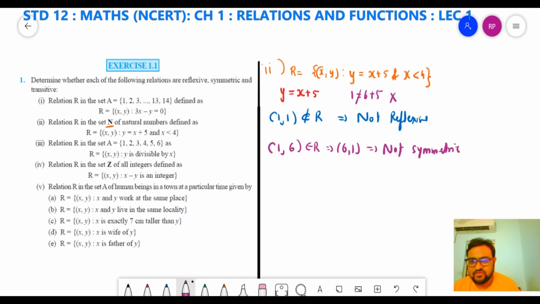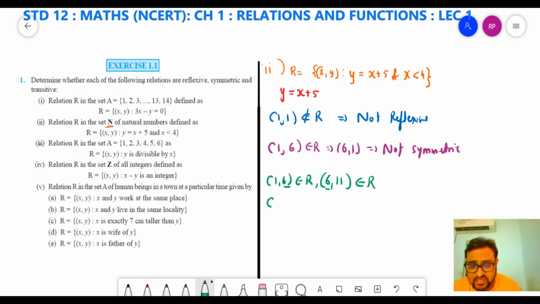Now let's see for the third one, that is transitive. Take (1, 6) belongs to R. Now if I take x equal to 6, then it will be 6 plus 5, 11. So I will write down (6, 11) belongs to R. Here 6, here 6.